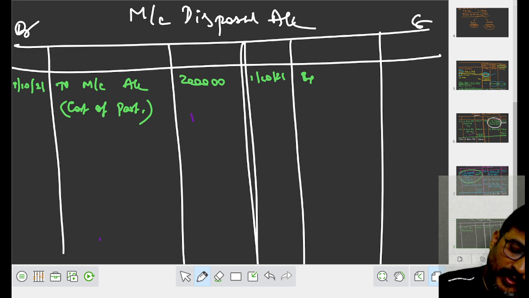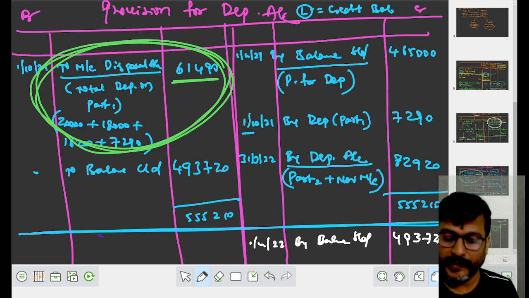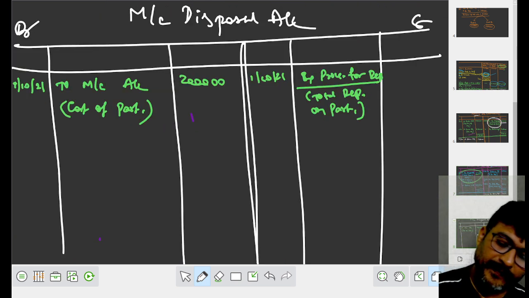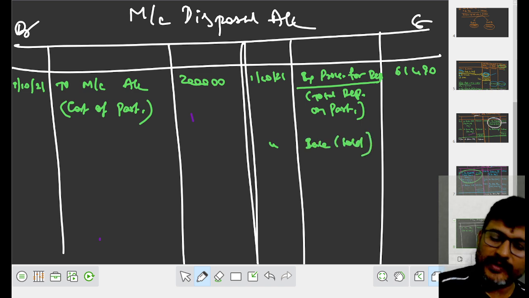October 21 sold, right? By what? Provision for depreciation account, total depreciation on part 1. It is how much? 61,490. बाद में on the same date, by bank, sold.